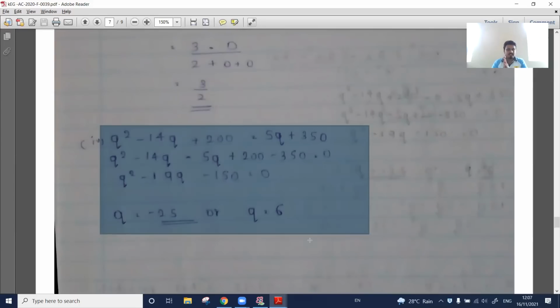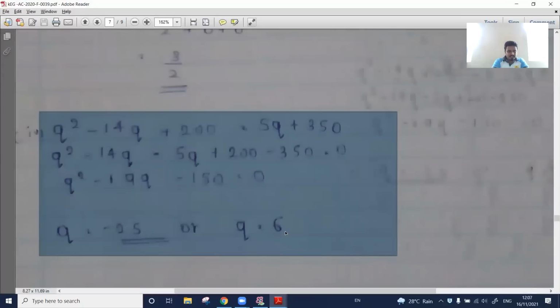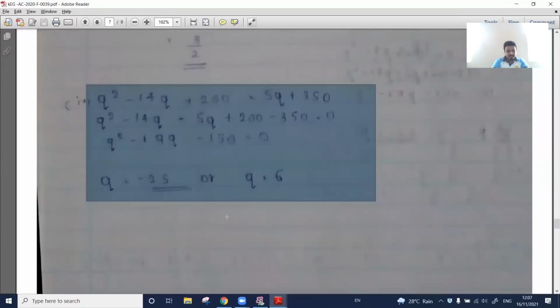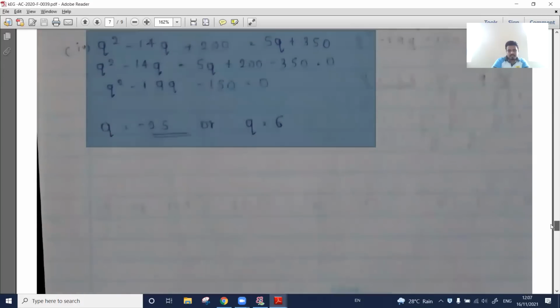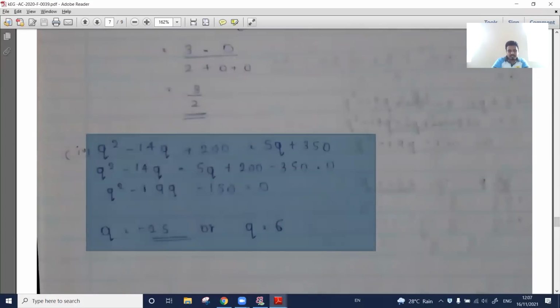But these are very simple things, right? Minus 25 and minus 6. Okay, the first thing here, I will make this as the base answer. Right here, what is the first thing this student has done wrong?